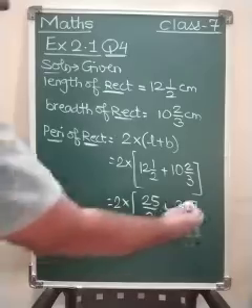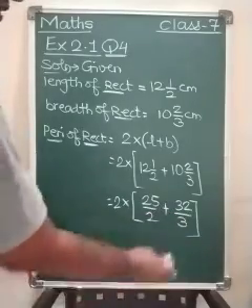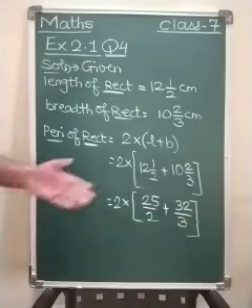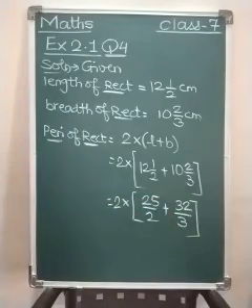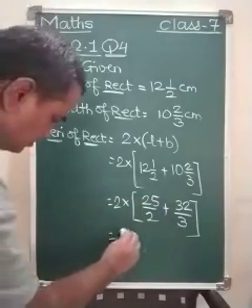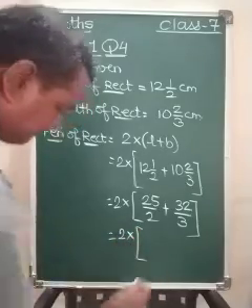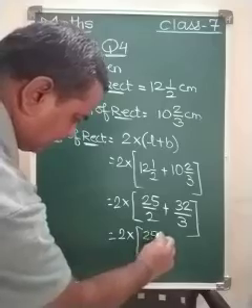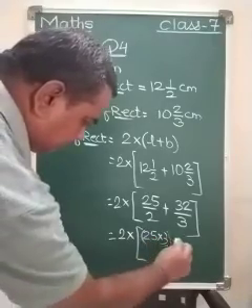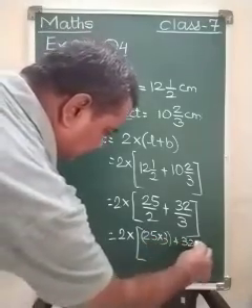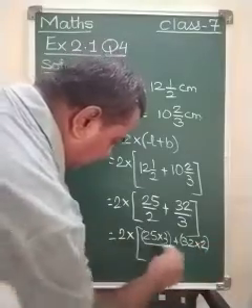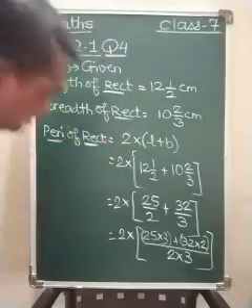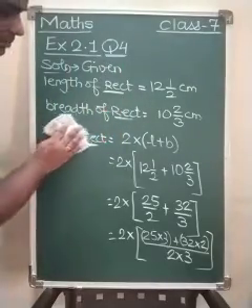Again, now taking out LCM will be of no use. Cross multiply we can use because there are no common factors in 2 and 3. So the LCM will be multiplication of both the numbers. So this equals to 2 multiplied by 25 into 3 plus 32 into 2 upon 2 into 3.